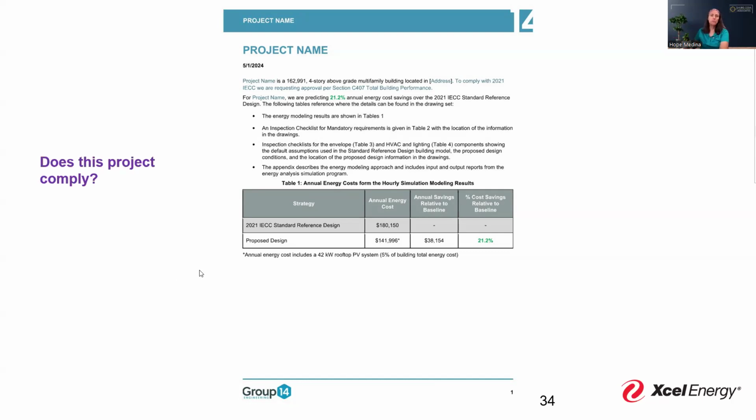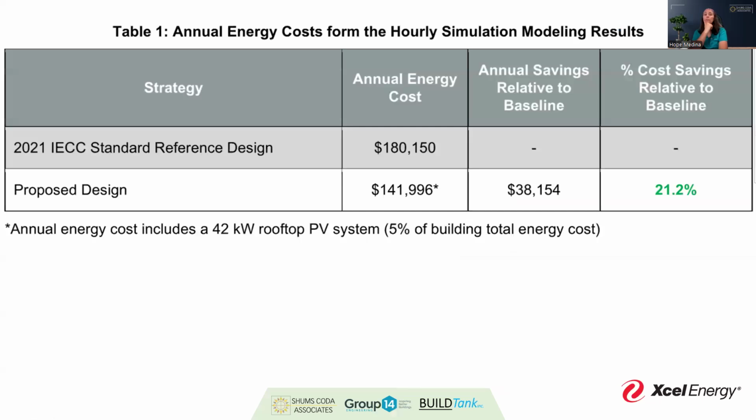Now, if we look at the report up here, it says that this project is predicting that it's going to be 21.2% better than code. It gave us our annual energy cost for a 2021 standard reference design, saying that our annual energy cost was going to be $180,150.